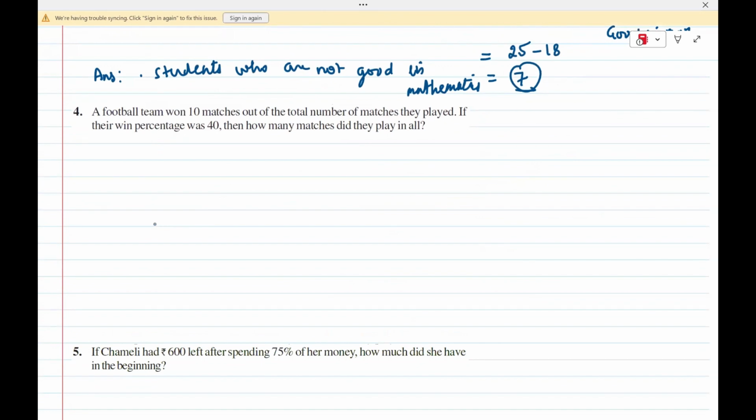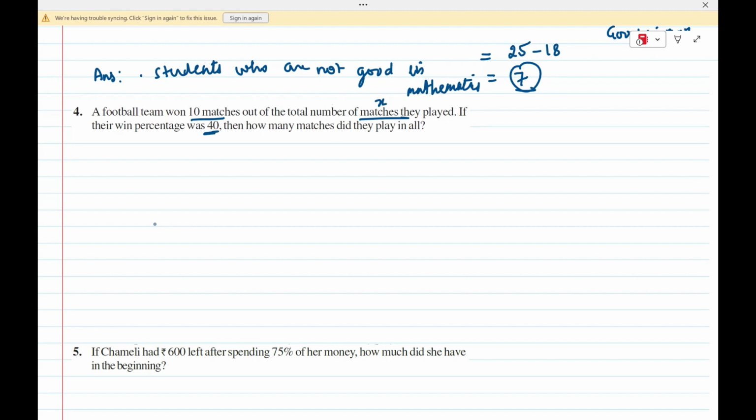It says, a football team won 10 matches out of the total number of matches they played. So they have not given how many total matches they have played, so let us assume it is X. If their win percentage is 40, how many matches did they play in all?